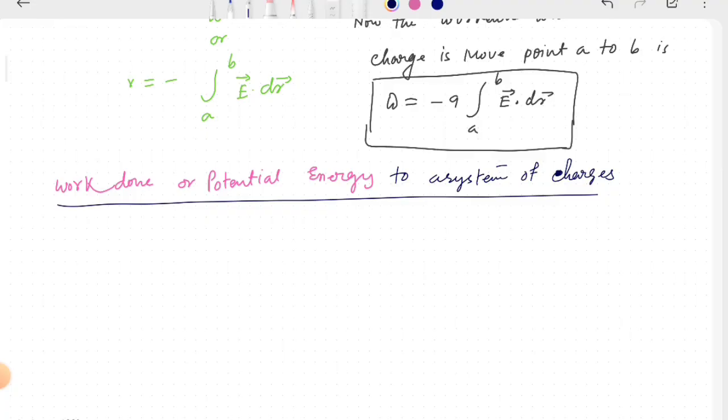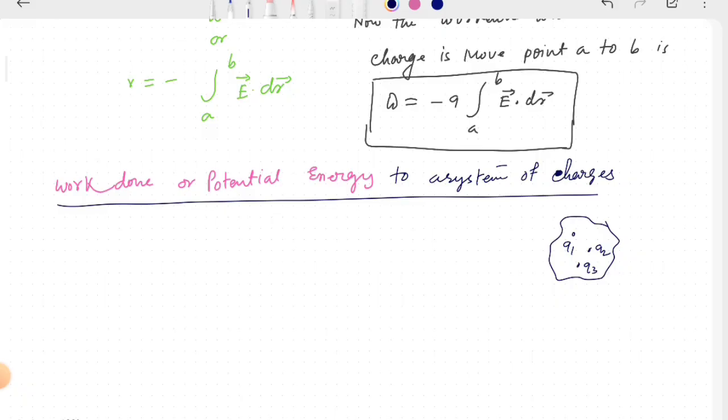So let us consider a system of three charges, Q1, Q2 and Q3. All these charges together are a system.